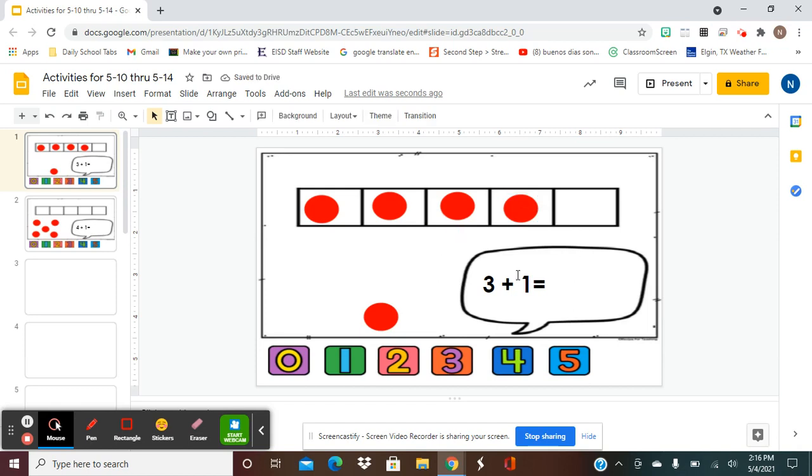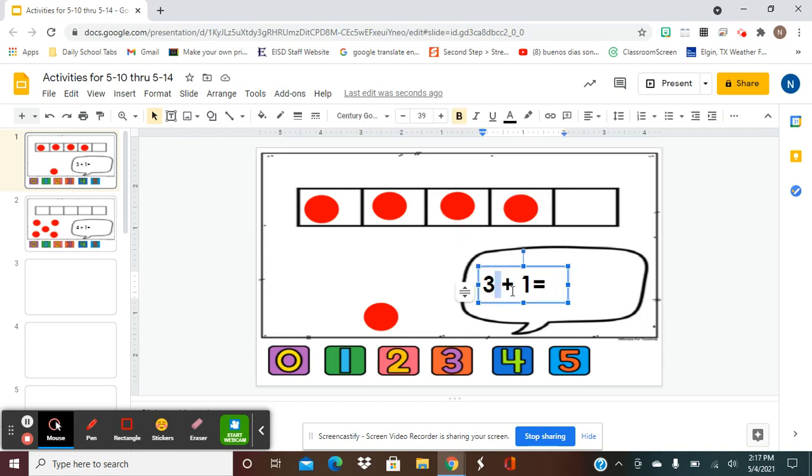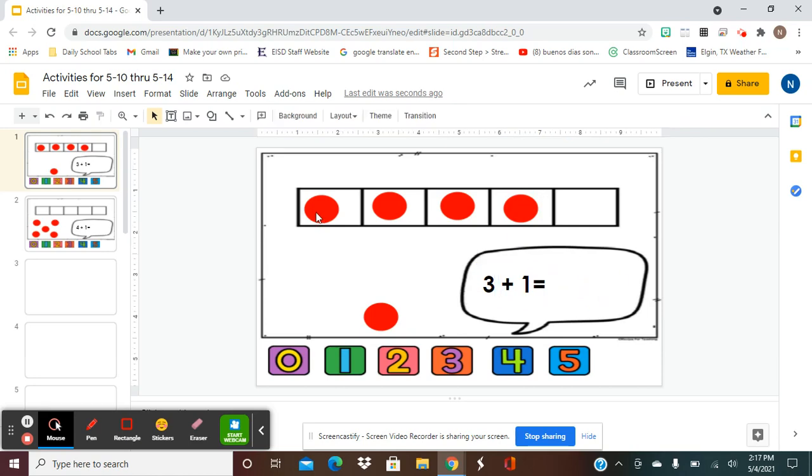Okay? So now for us to find out what 3 plus 1 equals, we need to count all of them together because we're adding. See that plus sign? We're adding all together. So let's count them. 1, 2, 3, and 4. So our answer is going to be 4. We're going to look for number 4, and this is number 4.